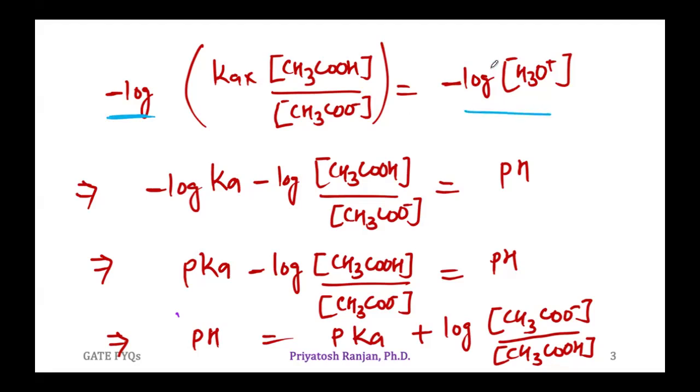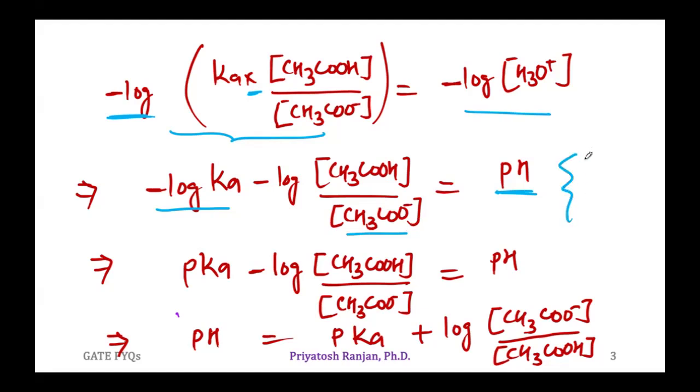Now remember, negative log of hydronium ion concentration is pH, and this I can rewrite it as minus log multiplied by this value, which will give me minus log Ka. Since this is in a multiplication form, I can write it as a plus. So minus log K plus minus log CH3COOH divided by concentration of CH3COO minus.